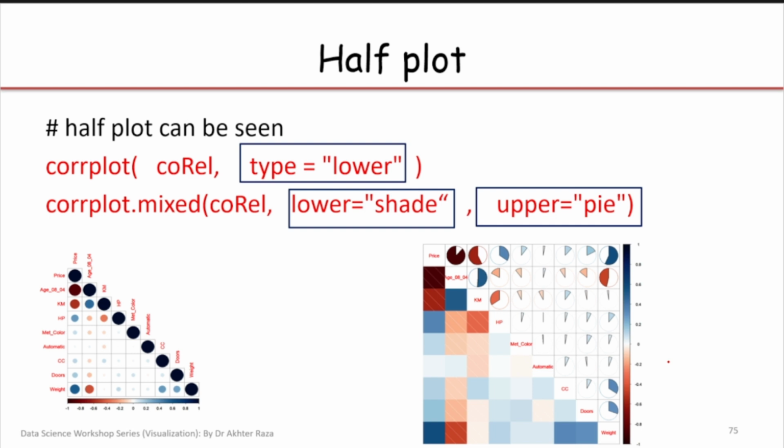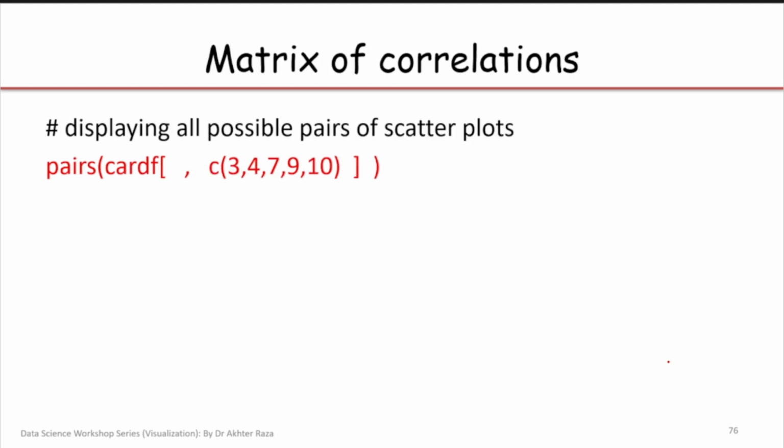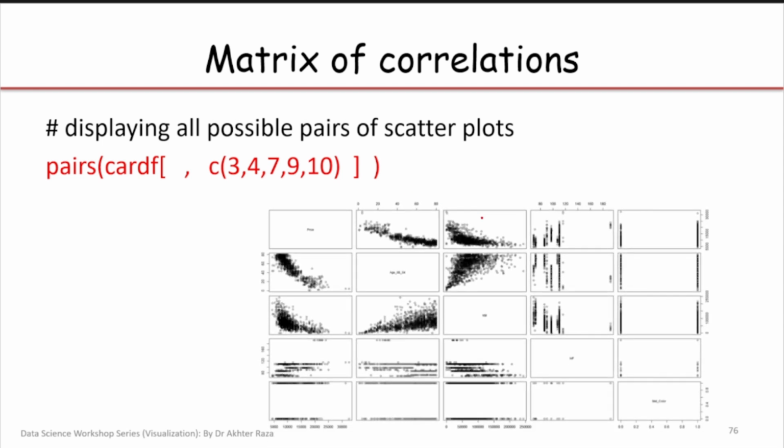All the graphs, the scatter plots, can be displayed by one command, and that command is called pairs. So numeric variables will be used. Some of the numeric variables I am using here: the third one, which is the price, the fourth one is the age, HP, and so on. Only the scaled variables. You can see this is the graph between the price and the age.